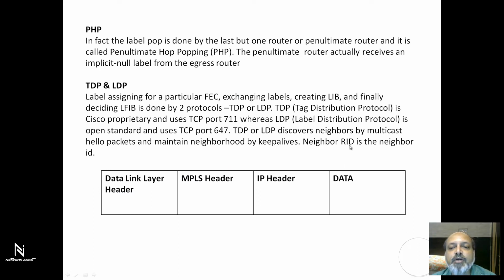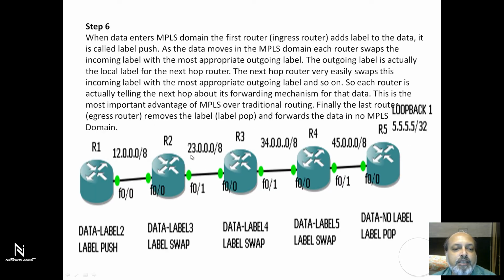And neighbor router ID, RID is router ID, is the neighbor ID. So that means, suppose this particular R3 has a router ID of 3.3.3.3. So R2 will be identifying R3 as its TDP or LDP neighbor by using that address.